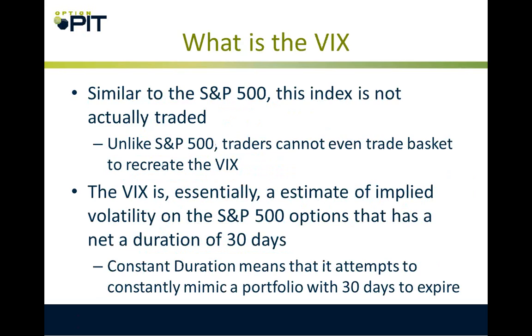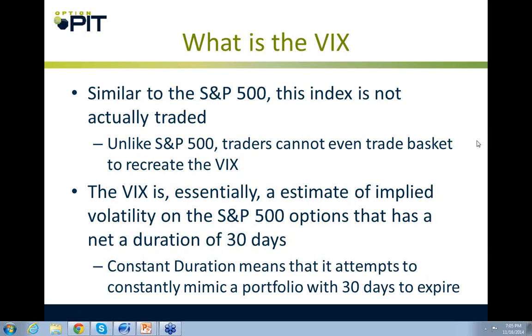One of the big differences, though, is that unlike the S&P 500, there really isn't a product that tracks VIX with a correlation into the 80%. We're going to talk about this a little bit, but it's almost impossible to go out and just buy VIX. There's no way to do it.